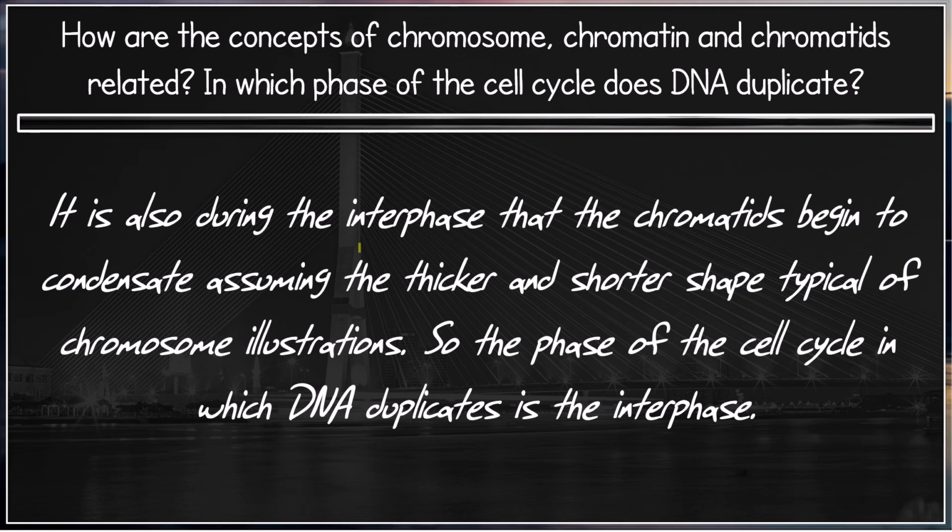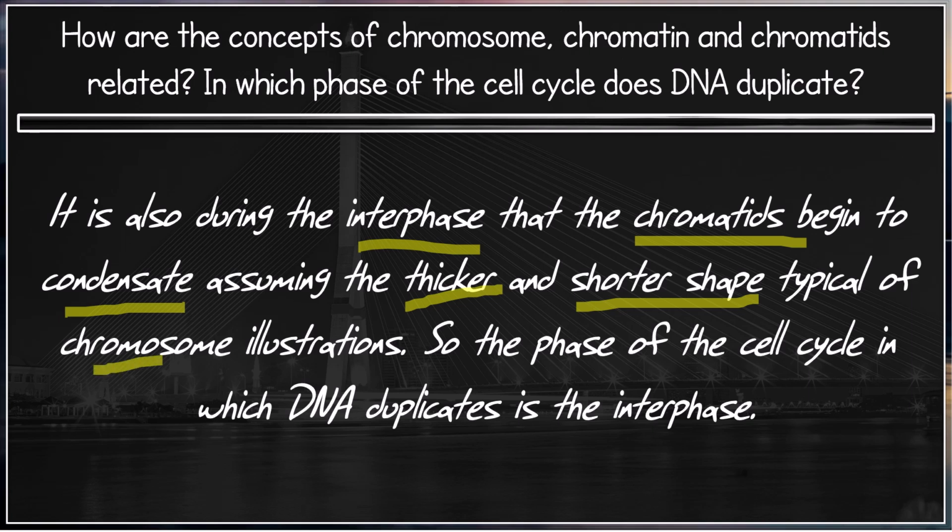It is also during interphase that the chromatids begin to condense, assuming a thicker and shorter shape, typical of chromosome illustrations. So the phase of the cell cycle in which DNA duplicates is interphase.